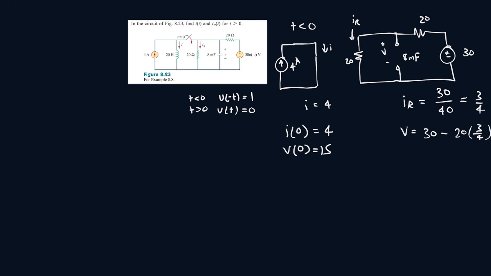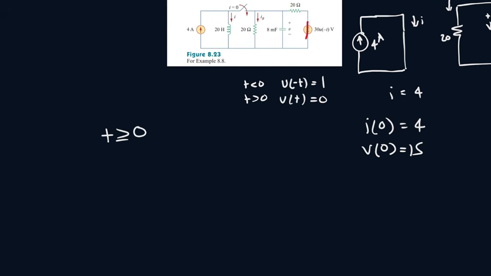Now let's view the circuit when t is greater than or equal to 0. The unit step function is 0 in this case, so that means this portion is gone, and we can just replace it with a closed wire. So now we have the following circuit.